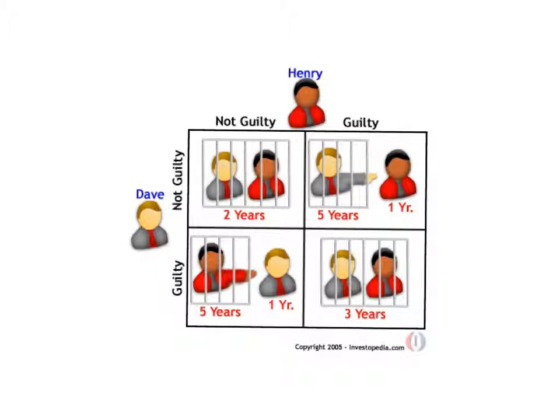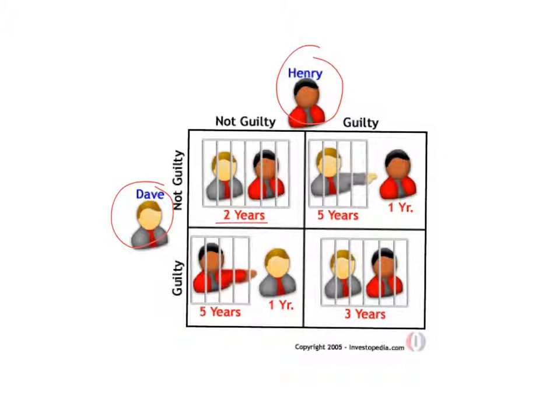Alright, so continuing on, this is a very common example for payoff matrices. So we have two players, Henry and Dave. Both are accused of robbery, and both are interrogated separately. If both stay silent, they receive 2 years.